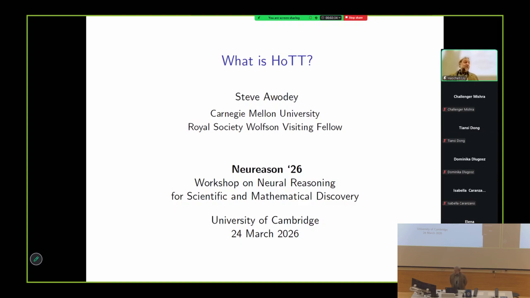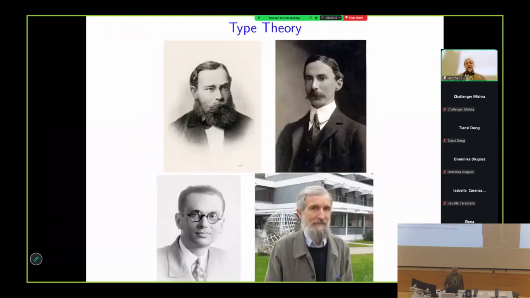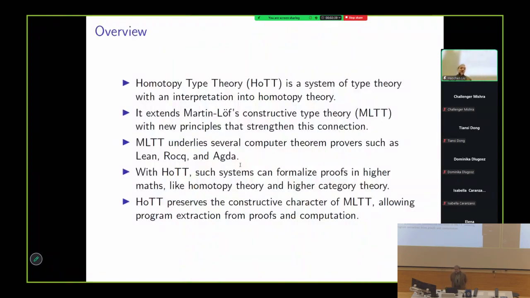So homotopy type theory is a field of foundations of mathematics, recently discovered maybe last 15 years or so, with applications to formal computational proof assistance and theorem proving. It's based on a system of type theory, which I'll tell you about in a minute, which has an unexpected interpretation into homotopy theory. Homotopy theory is the mathematics of continuous deformations of space, functions and spaces.